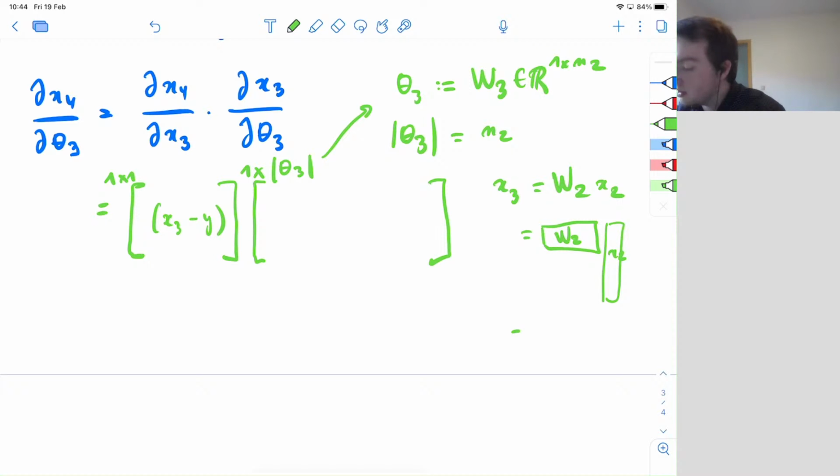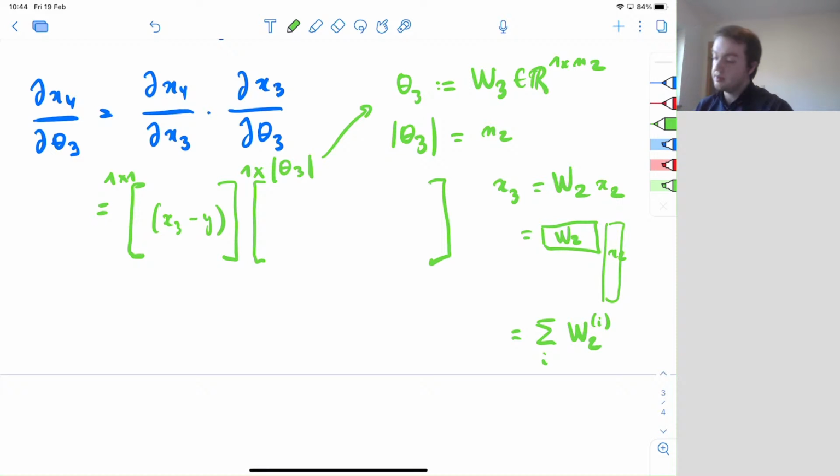And this is nothing else than the sum over the elements in this vector of the product of the corresponding elements. And so, boom. If I say that this is the element i in this matrix W2, then I would multiply this scalar value by the corresponding element in x2.